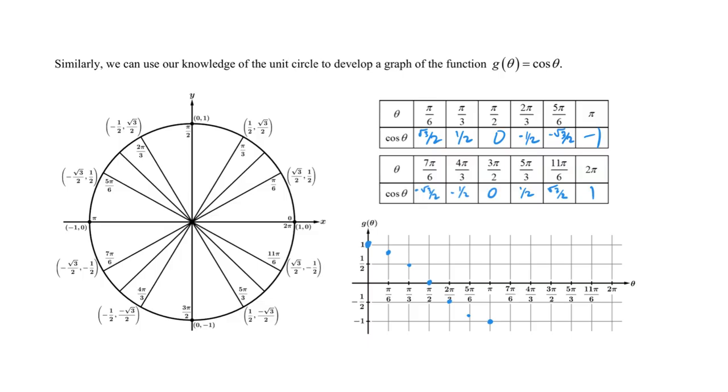So let's see where we at here. So we're point there, point there, point there, point there, point there, and point there. So let's see if I can make it so not so shaky this time. All right, so we're coming down. There we go. And that's our cosine curve.